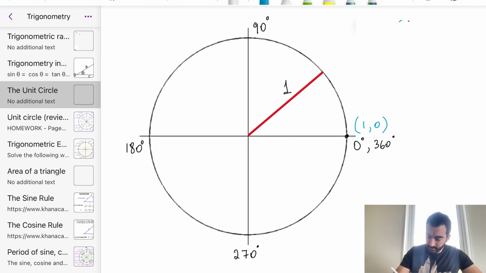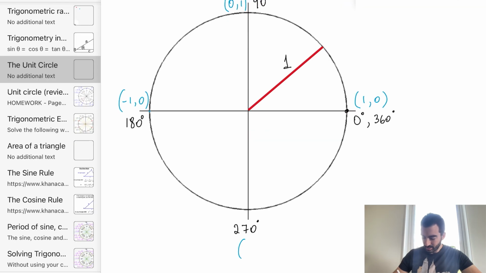At 90 degrees it is going to be 0, 1. At 180 degrees, this point here is going to be negative 1, 0. And at 270 degrees, this is going to be 0, negative 1.